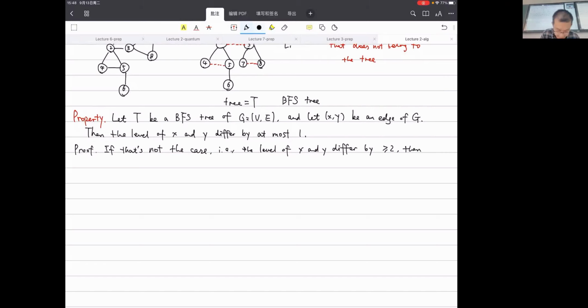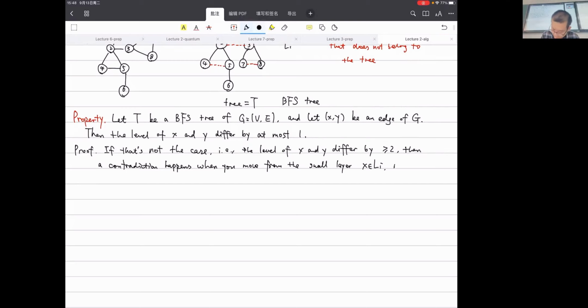Then a contradiction happens when you move from the small layer to the large layer. So let's say that X belongs to Li.